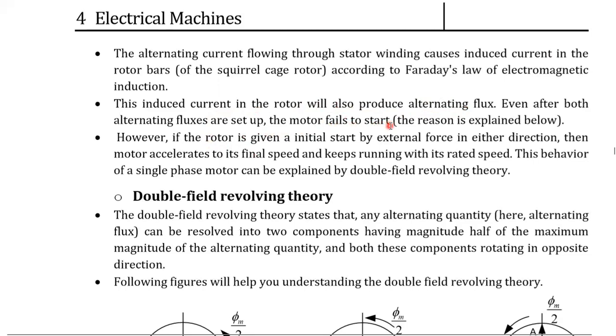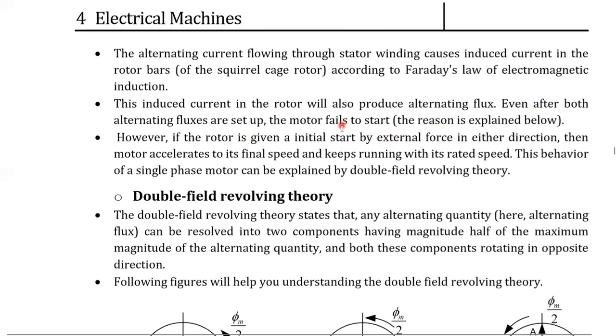Understood? The alternating current in the stator winding causes induced EMF in the rotor bars of the squirrel cage induction motor, and this induced current in the rotor also produces alternating flux. Even so, the motor fails to start.